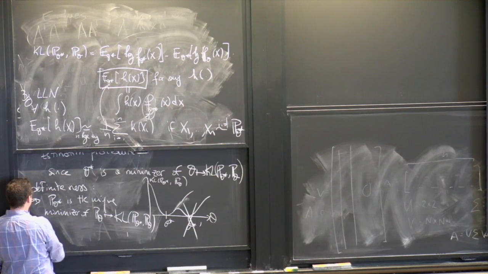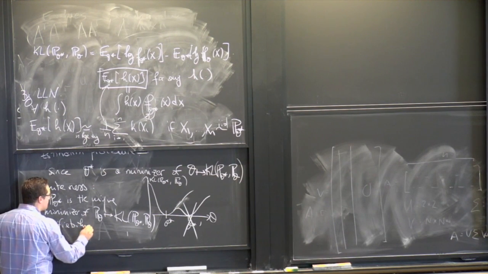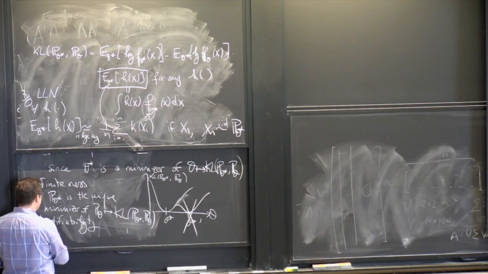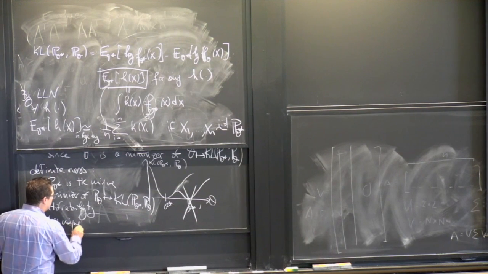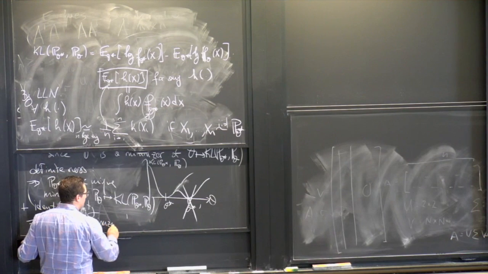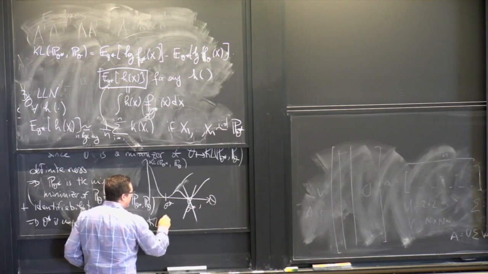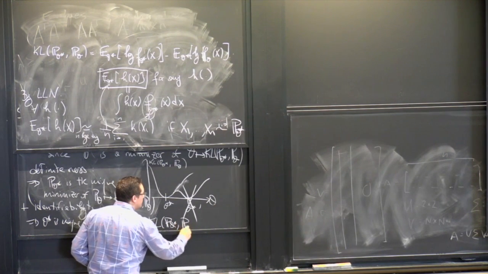And identifiability implies that theta star is the unique minimizer of theta maps to KL P theta star P theta.